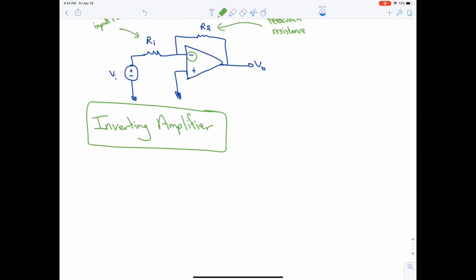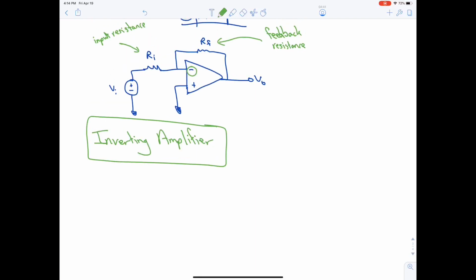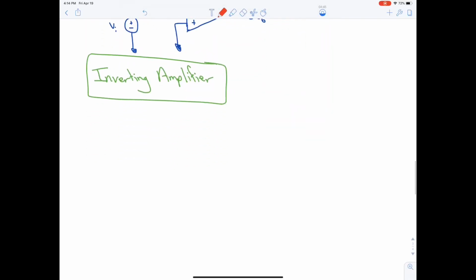So here, how can we find the output? How do we solve this kind of circuit? First of all, we will assume that we're talking about the ideal case of the amplifier. In the ideal case, the open loop gain, which is the gain inside the op amp, is equal to infinity.